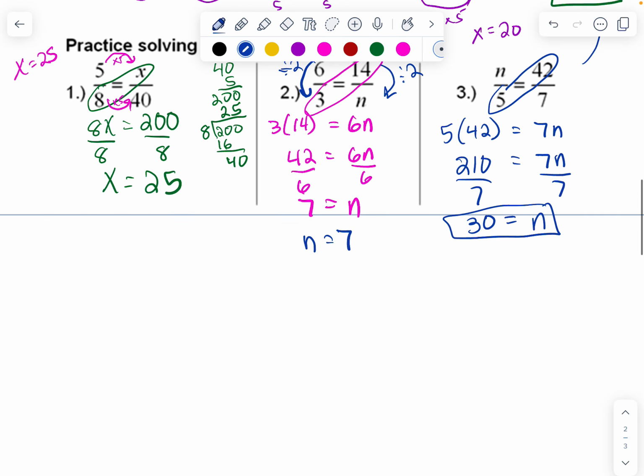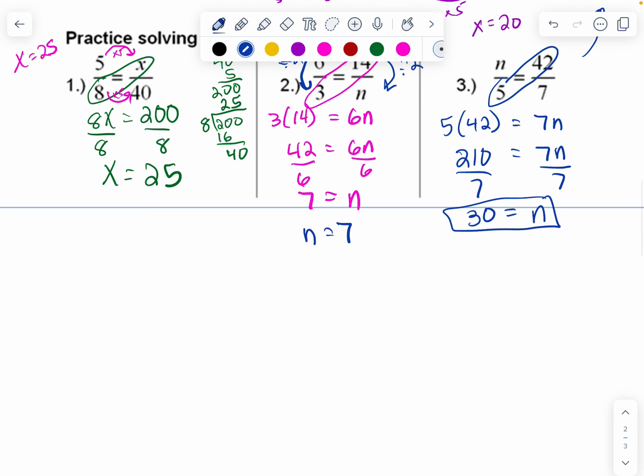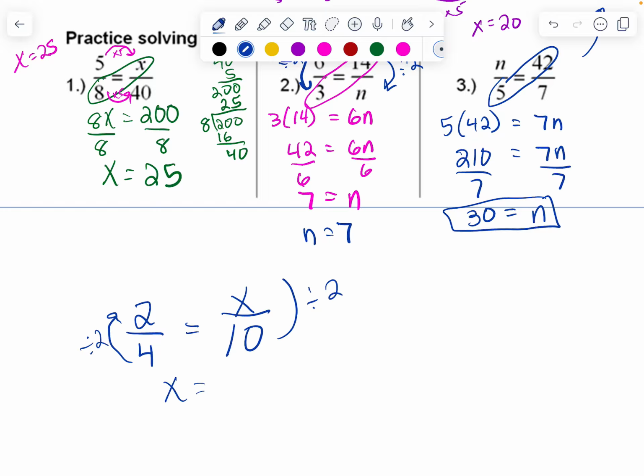Now, if you do the 2 over 4 equals 10 and an x, and you are seeing that if I divide by 2 and divide by 2, x equals 5, please make sure that you are showing that's how you would work on that one.